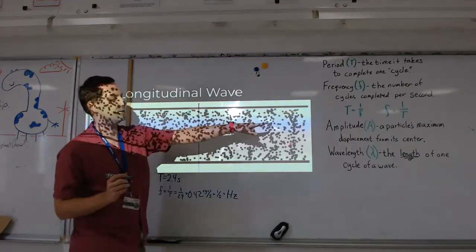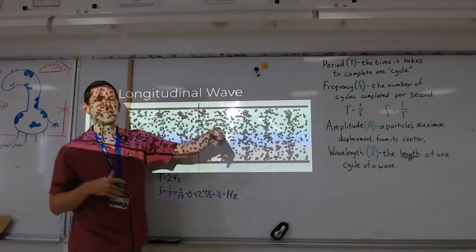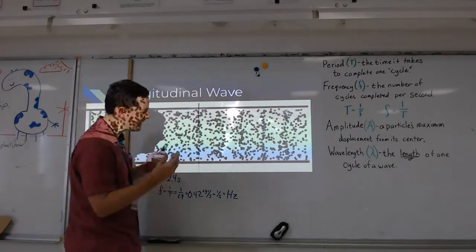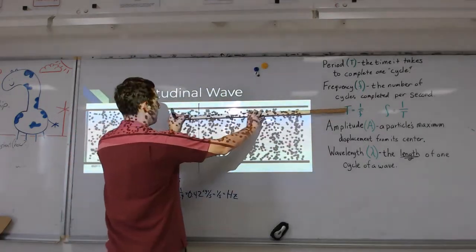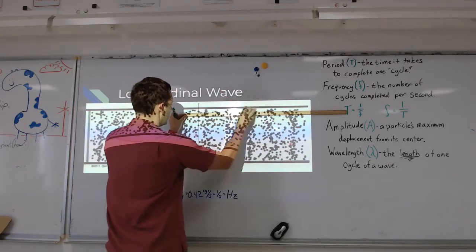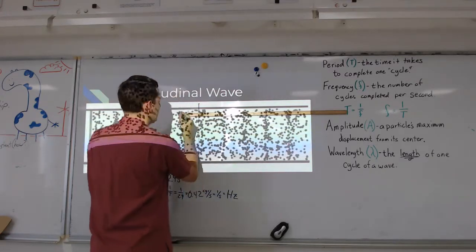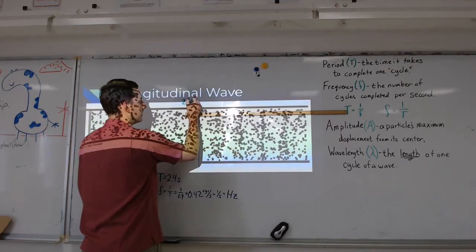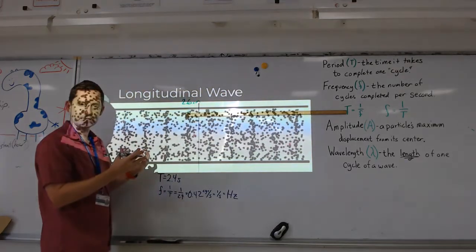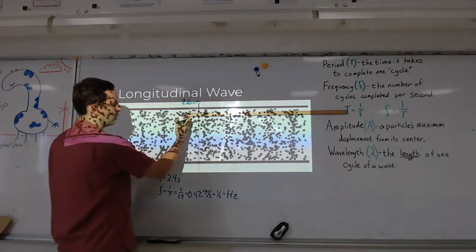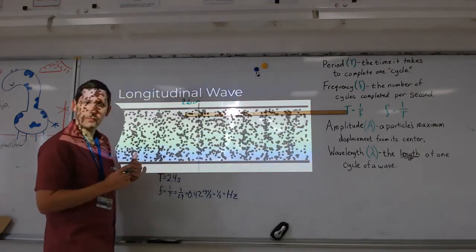Now the question is, what is the maximum displacement from the center? Now the easiest way to do this probably is just to measure the distance from one point to the other. So I measure that and I get about 2.6 centimeters. And if I have 2.6 centimeters, that means the middle has to be at half of that, 1.3.